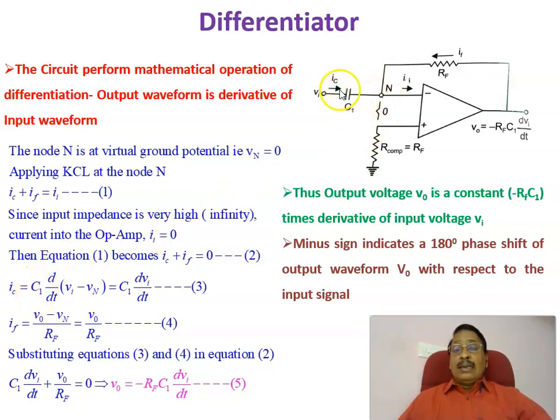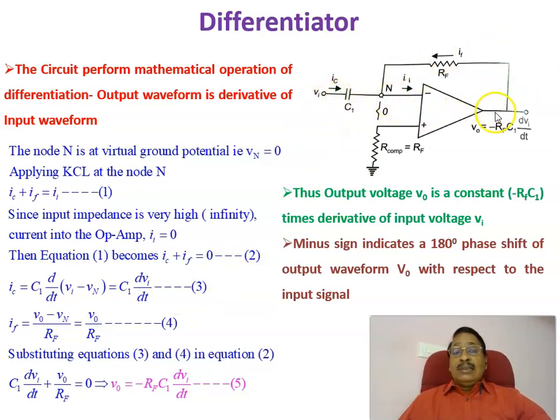The capacitor current IC is given by C1 into d by dt of the voltage difference, Vi minus Vn. But we have already seen Vn is equal to 0. That is why the capacitor current IC is given by C1 into dVi by dt. That is equation 3.